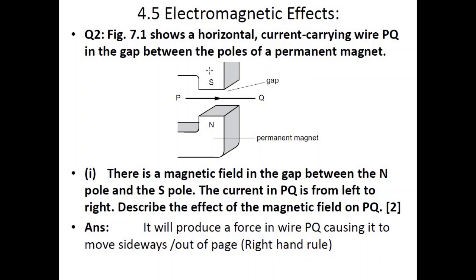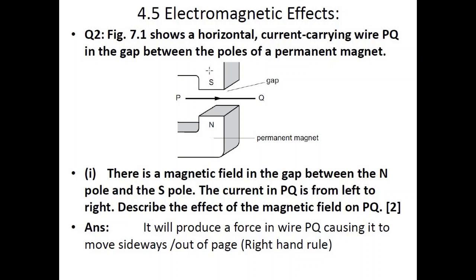You will have to apply the right hand rule. If you apply the right hand rule, that means the thumb is towards the force, the first finger is towards the magnetic field, and your second finger should point towards the current.